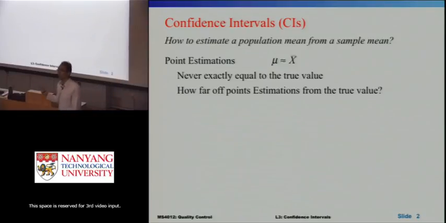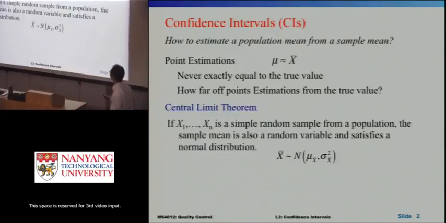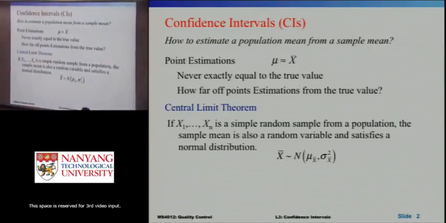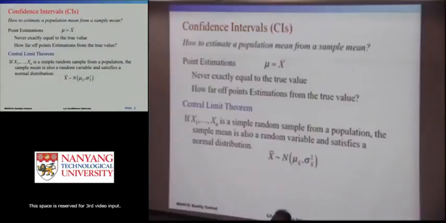To address this question, last week we learned the central limit theorem. If you recall, this is part of its statement. No matter what population random variable X satisfies, if we randomly choose a sample from this population, then the average of the sample, X bar, is a new random variable. X is a random variable, and X bar is another random variable.